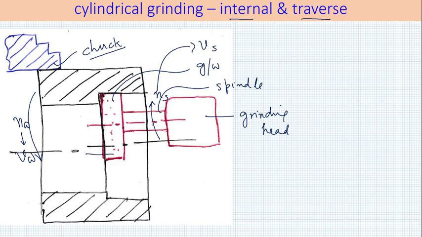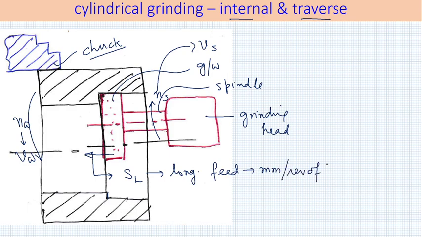This is gradually moving in this direction. So this is the cutting front. This is moving with a longitudinal feed of SL, which would be millimeter per revolution of the job.